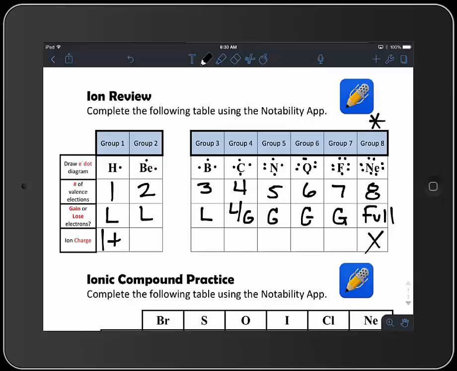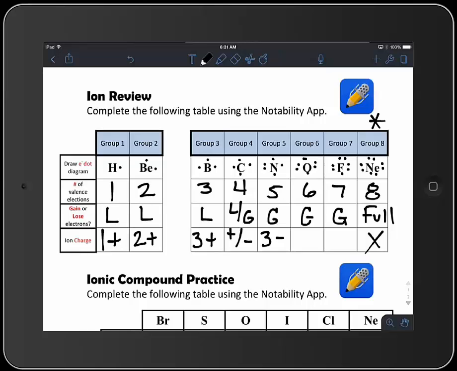Group 2, because it loses 2 electrons, remember that they are negatively charged, is going to be 2 plus. Group 3 is going to be 3 plus. Now because group 4 can lose or gain, it can be a plus or a minus 4. Group 5 is going to, remember, gain 3 electrons, so they're negatively charged, so that's going to be 3 minus.